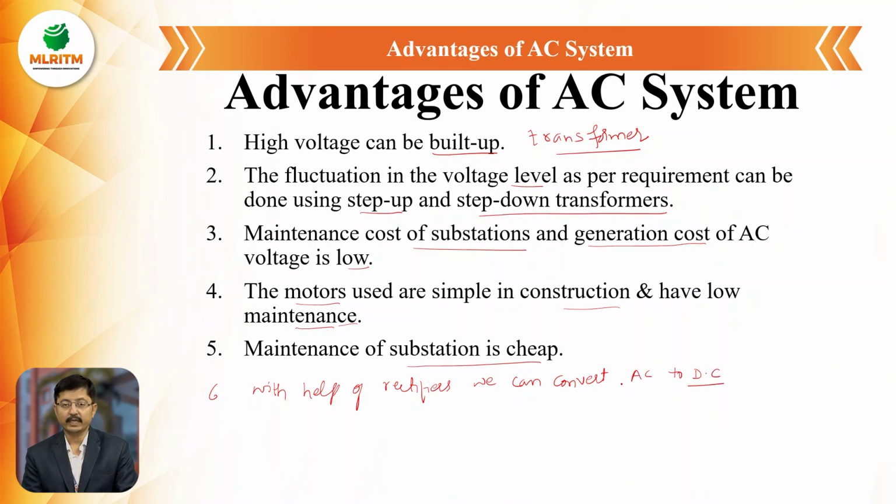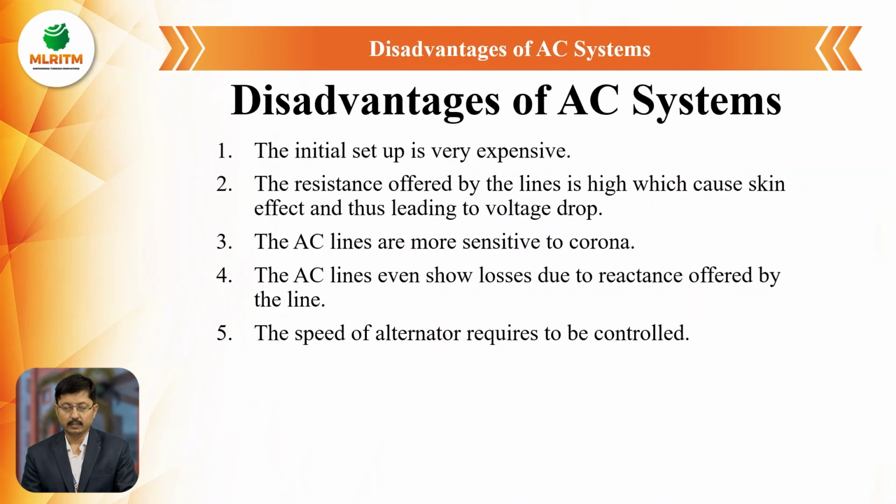These are the advantages of AC system. Coming to the disadvantages of AC system, the initial setup is very expensive, and the resistance offered by the lines is very high, which causes skin effect, especially in transmission lines, thus leading to voltage drop.